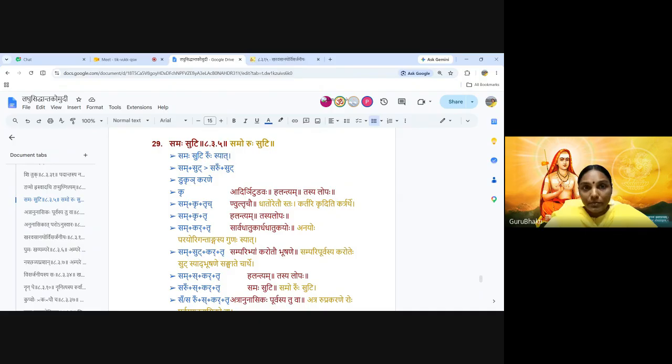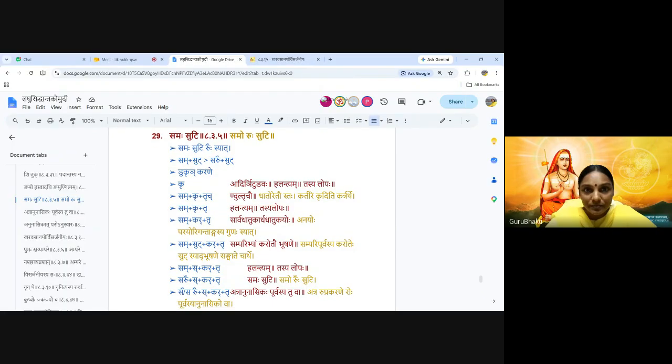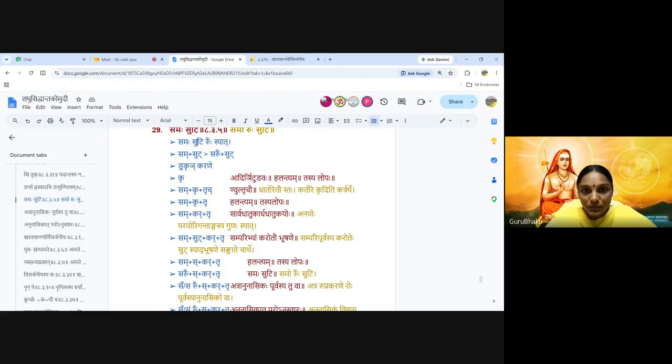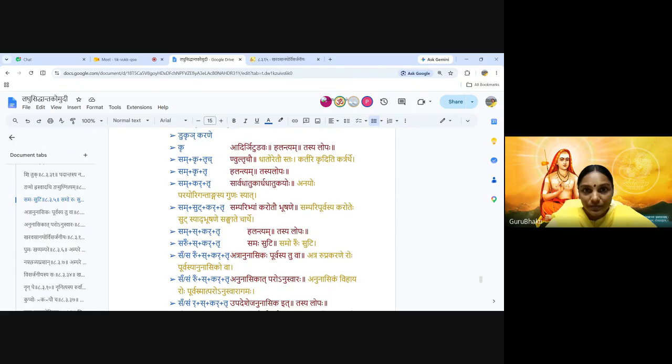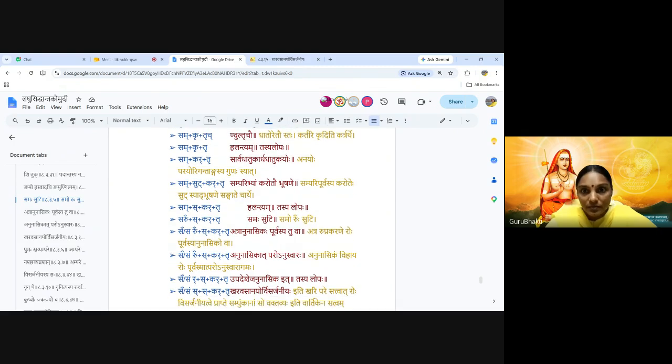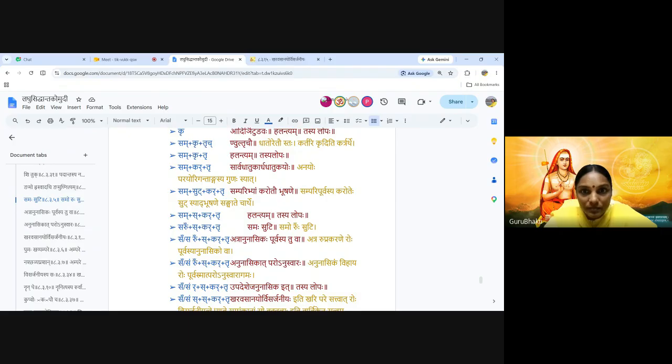In the place of sam, when it is followed by sut pratyahara or sut agama, then rukara will come. So first we need sut also. So for sut, this samparibhyam karoto bhushane.